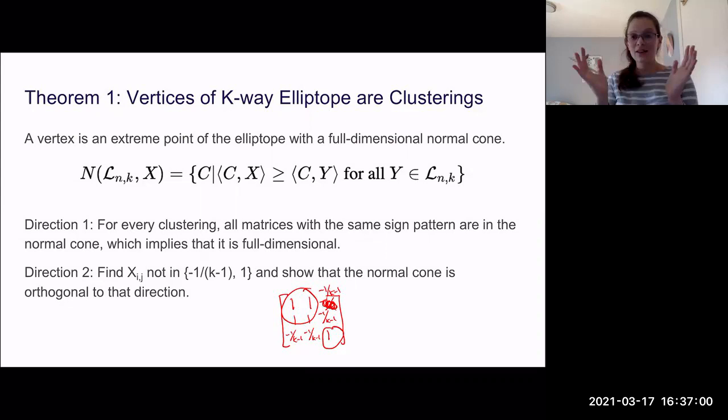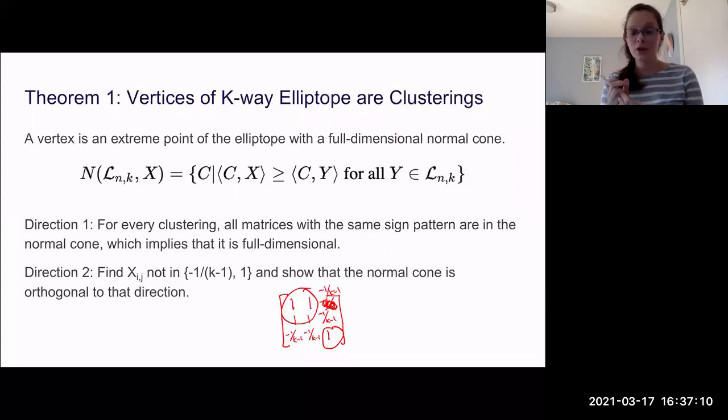That tells us why it's full dimensional: I can change any of those x_ij's in any direction, as long as I maintain the same sign pattern, and I will still remain the optimal solution. The reason is that when something is positive, I'm putting a 1 there, and when something is negative, I'm putting a -1 over k minus 1. So I'm putting the weight exactly where I want it.